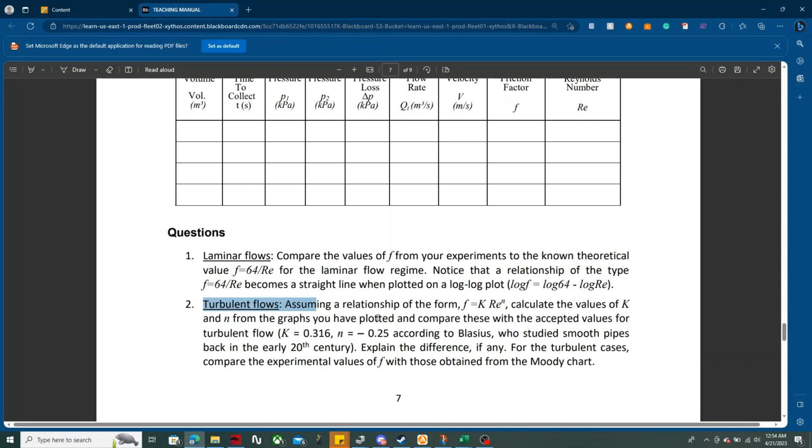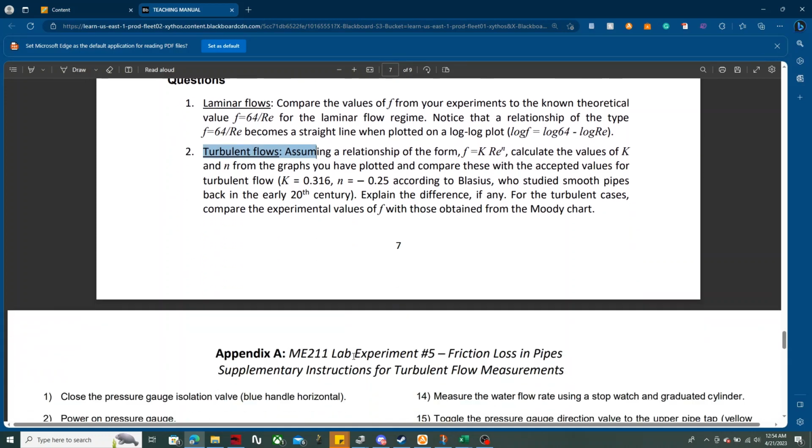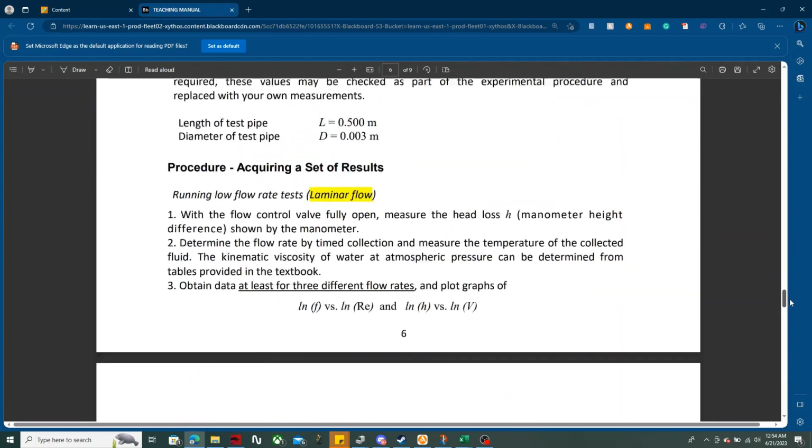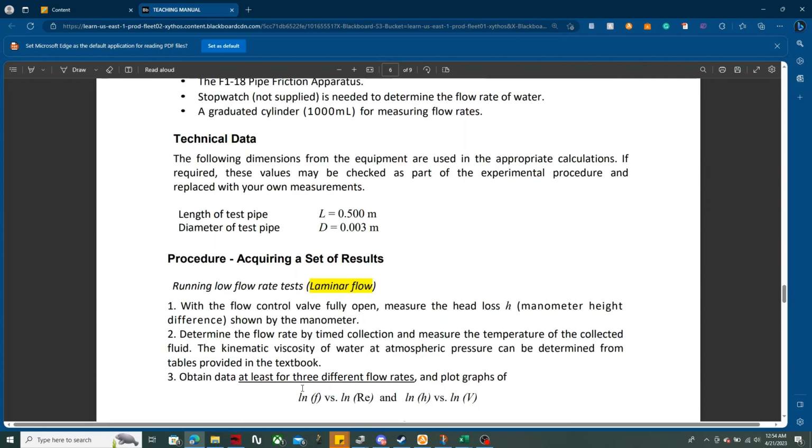In fact, compare these. Okay, so it seems like you don't have to take the natural log, though I thought I saw it. Oh wait, no, it's up here. You want to have the plots of the natural log of your friction factor versus the natural log of your Reynolds number.